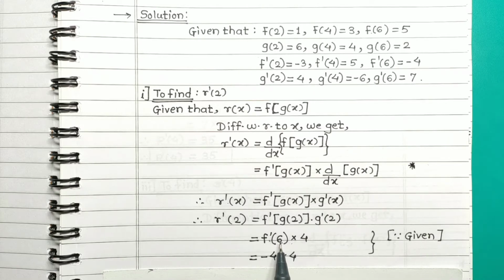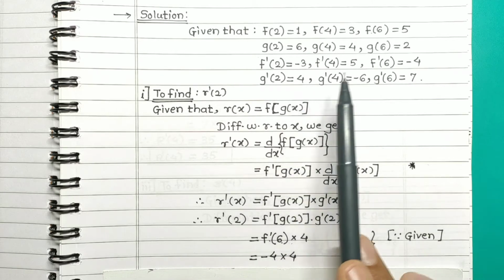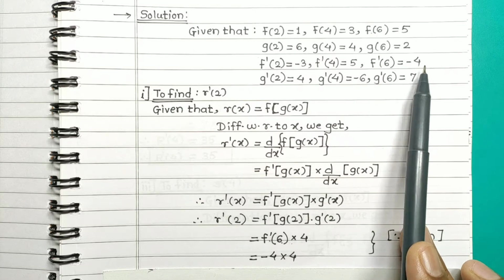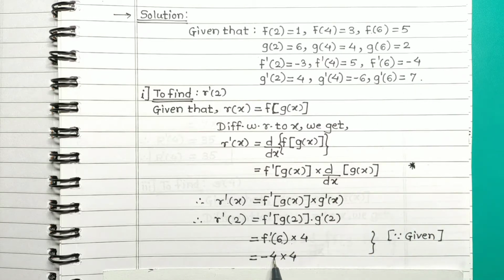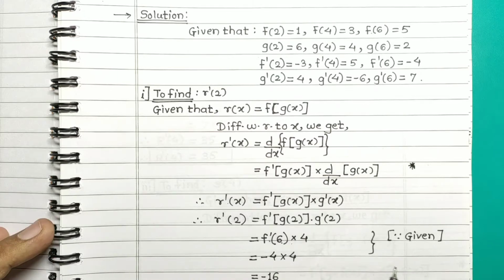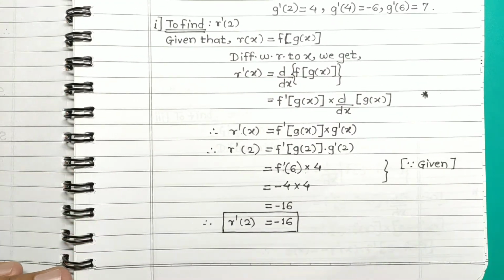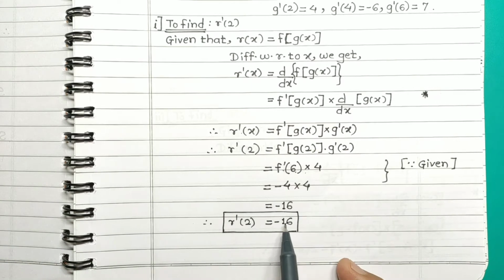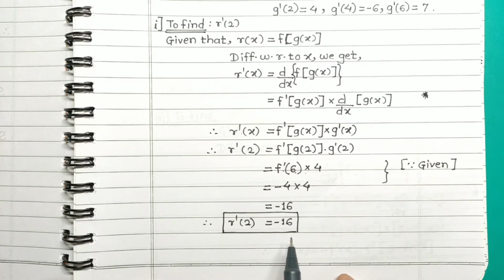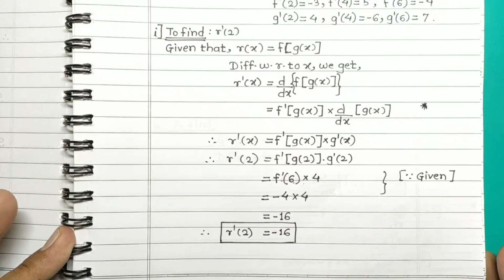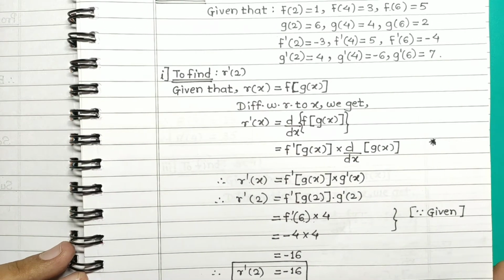See again, the f dash of 6 value is also given. So f dash of 6 is minus 4. You write down here minus 4 into 4. So we have it as minus 16, and therefore r dash of 2 is equal to minus 16. You frame the answer like this. So see how easy this solution is.